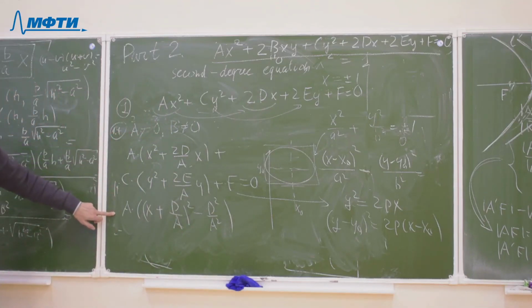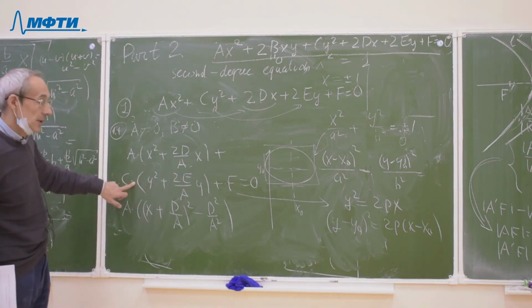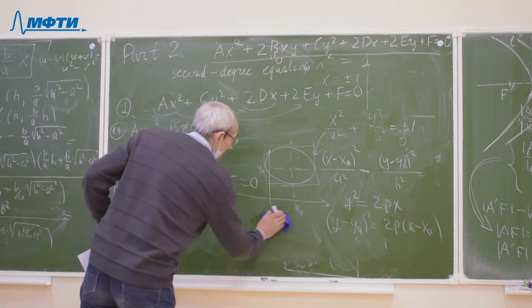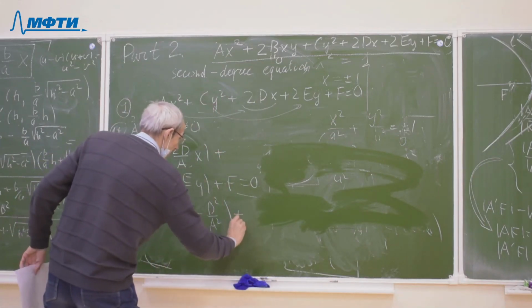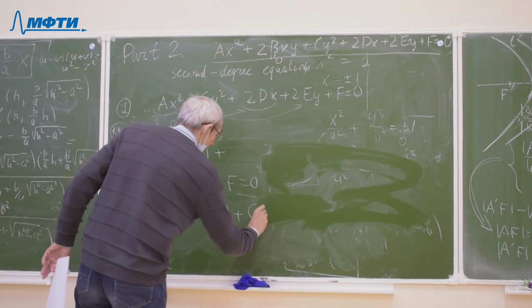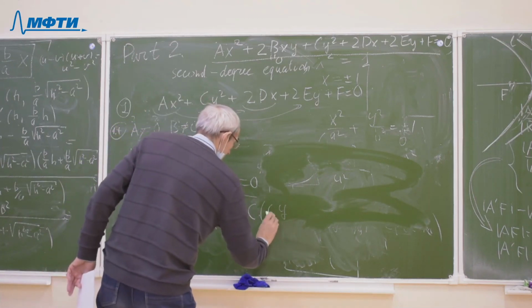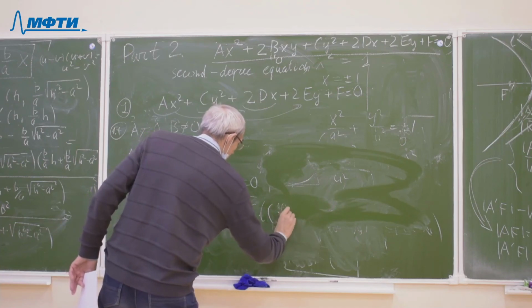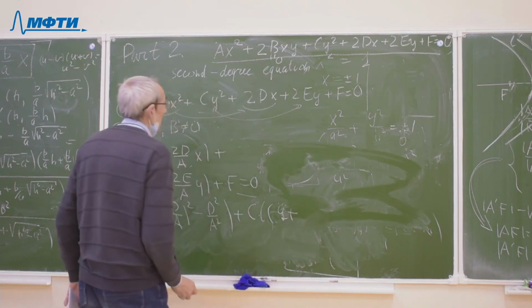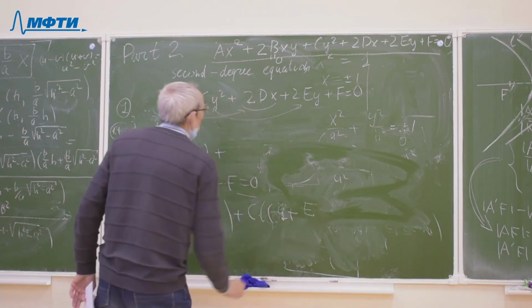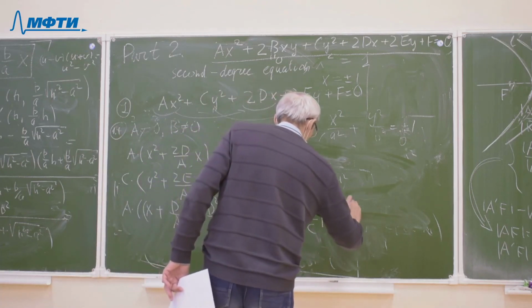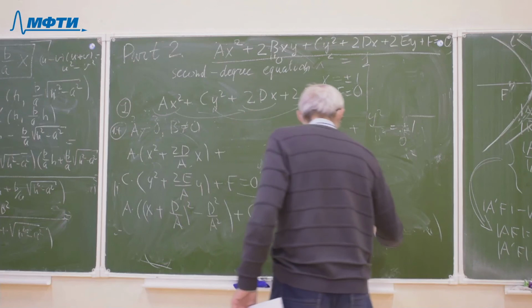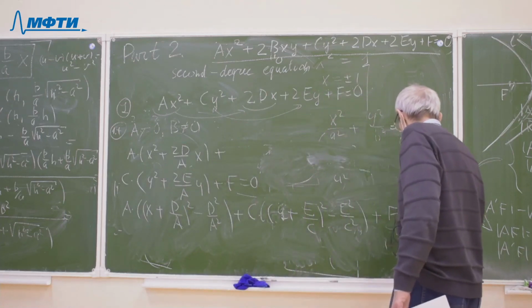This expression I can rewrite in the following form, and the same way for the y part: plus c times y plus the ratio e over c, squared, minus e squared over c squared, and plus f is equal to 0.